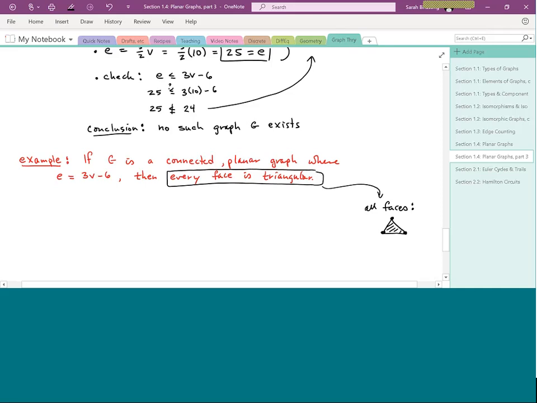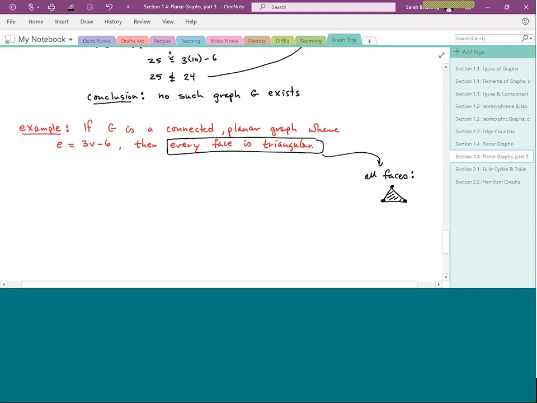Okay. Now notice, what happens if you didn't have a face that was degree 3? Suppose you had a face that was, I'm going to just be lazy and do 4. You had a degree 4 face. Well, I'm going to refer here to bounded faces just because they're easier to deal with. You can do the same thing with the unbounded face too.